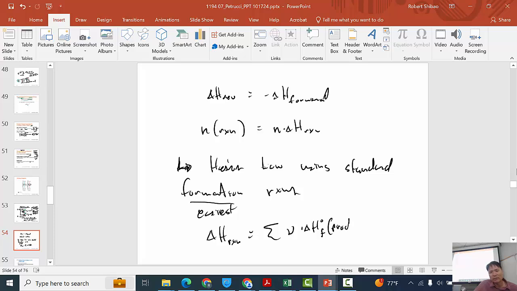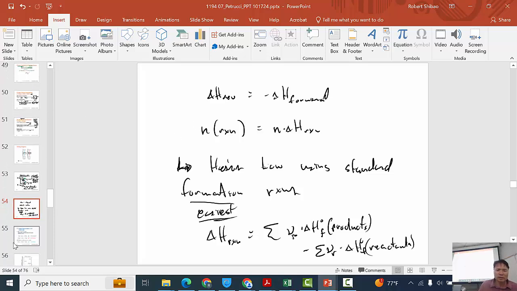We sum up the product standard formation enthalpies, multiplied by their coefficients, and subtract the sum of nu, this is nu P, this is nu R, the coefficients times the delta H of formation of the reactants. So this is the products minus the reactants, and we sum it up. This is the easiest method for determining delta H.